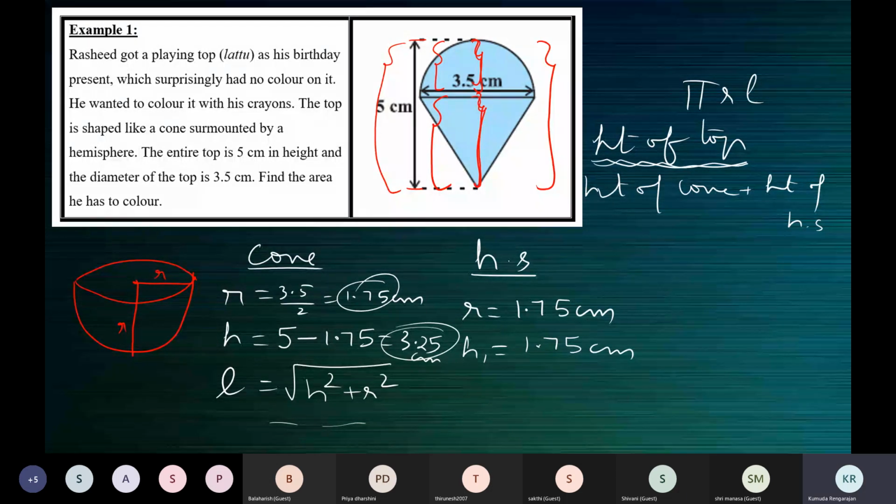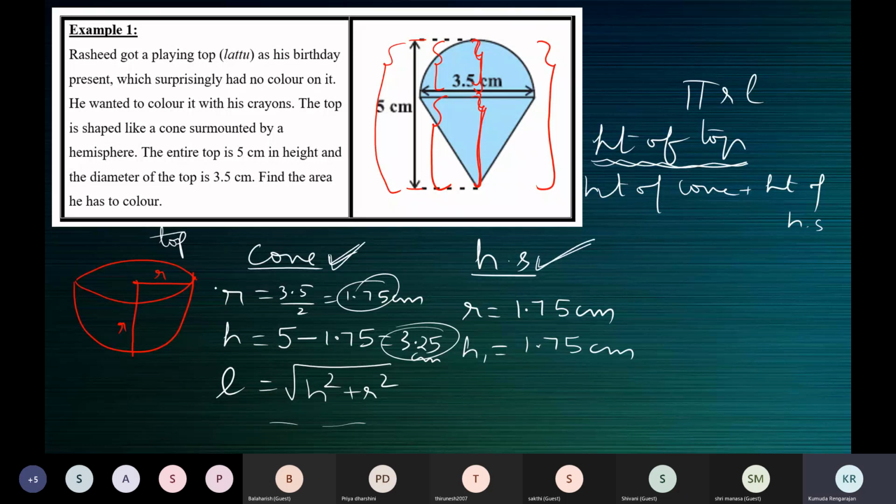So read the question, draw the figure. Mark the values given in the figure. After that, write out the solids involved in the figure. The figure is about a top, and the solids involved are cone and hemisphere.